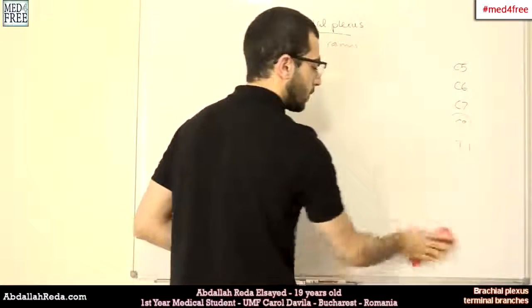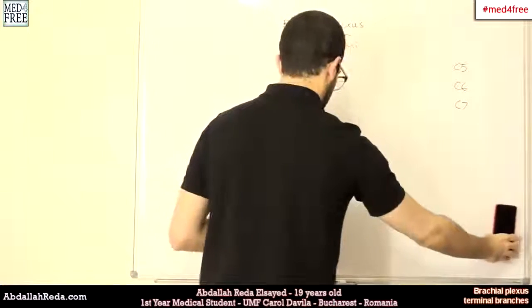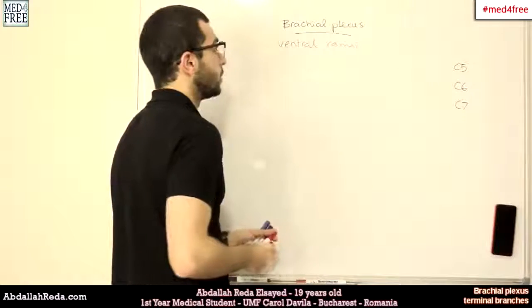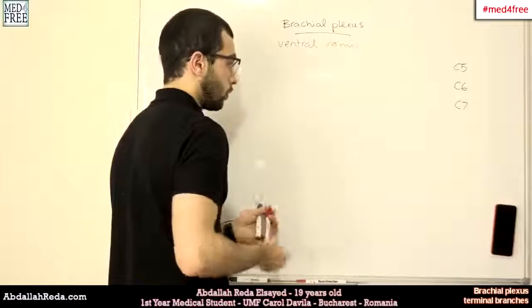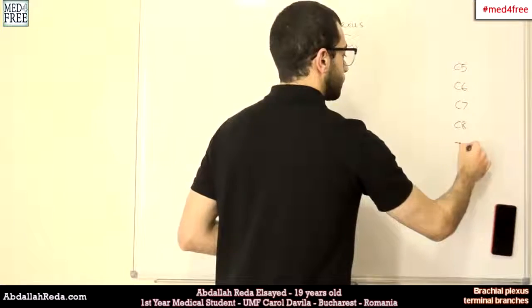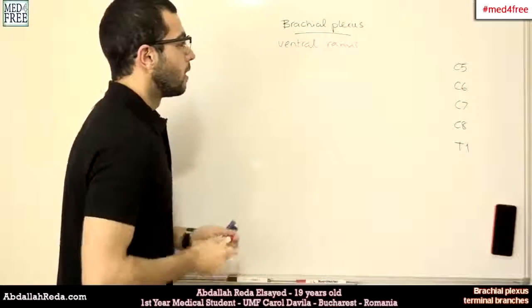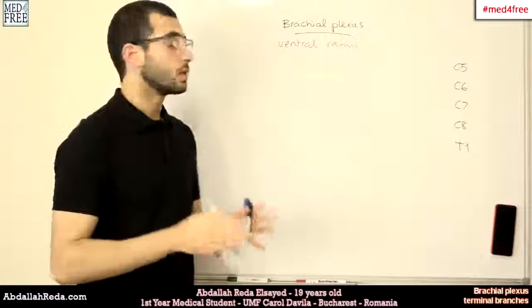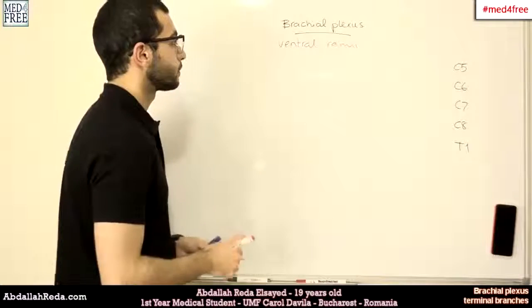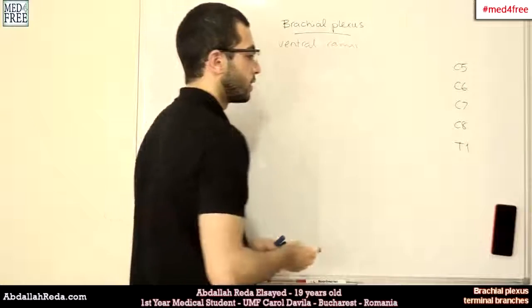So then, what is the pattern, or how is the brachial plexus formed? We need to know that there are portions of this plexus that are arranged as we are going to say them.